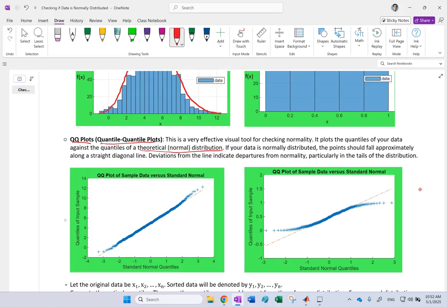You see that on the left side, the blue crosses match very closely the theoretical one, the dash-dotted red line. So it's a relatively close comparison from actual data to a theoretical one, but here you see it's not.